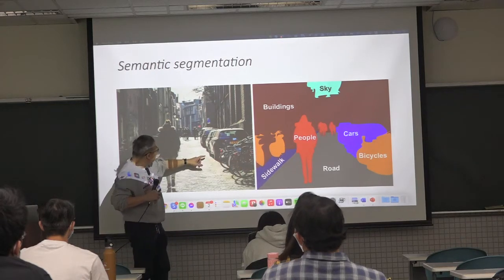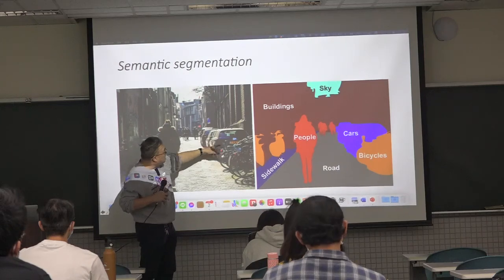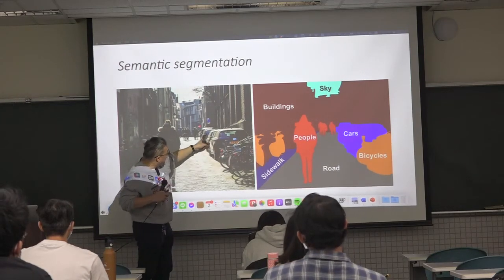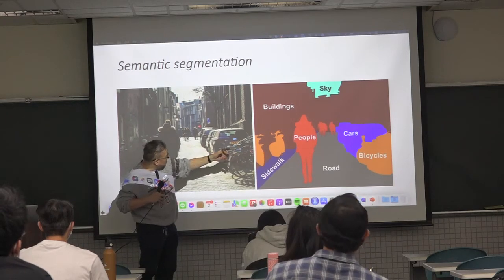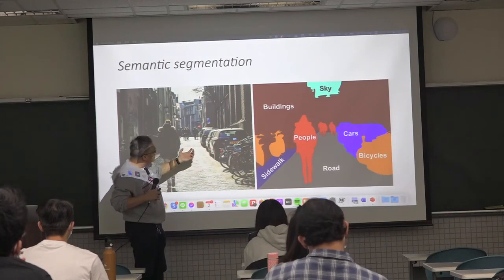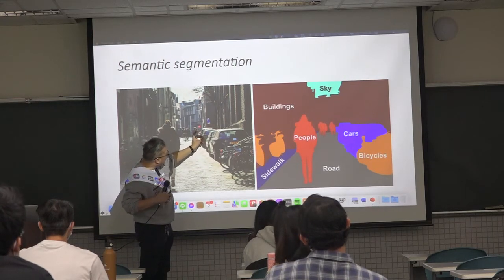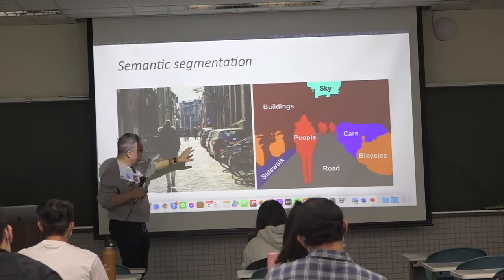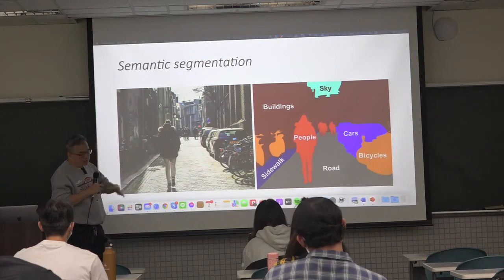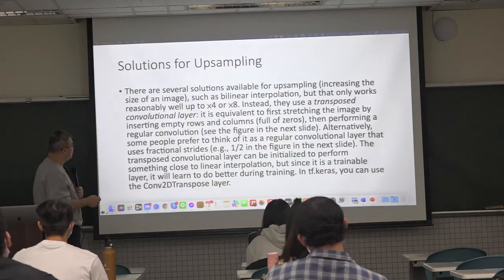Also you can see multiple cars on the street, but all the cars, their pixels in this case are represented in blue. But in instance segmentation, the pixels for each car will be separate. So this is different from semantic segmentation.